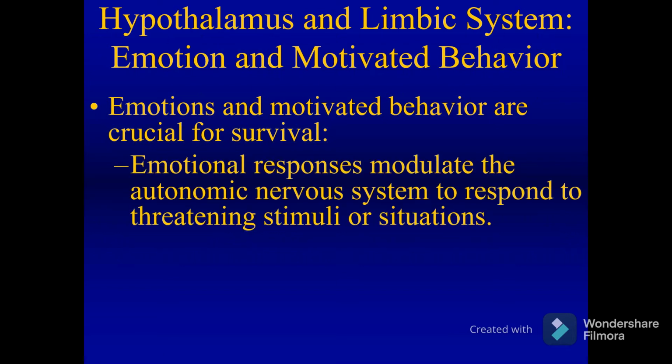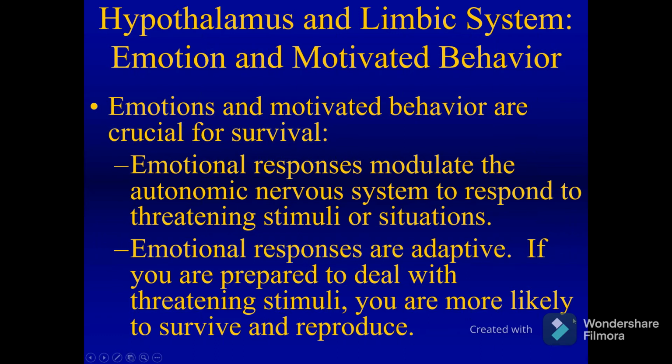Emotional behavior or responses modulate the autonomic nervous system to respond to threatening stimuli or situations. Emotional responses are adaptive. If you are prepared to deal with threatening stimuli, you are more likely to survive and reproduce.